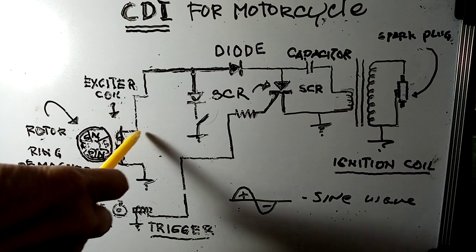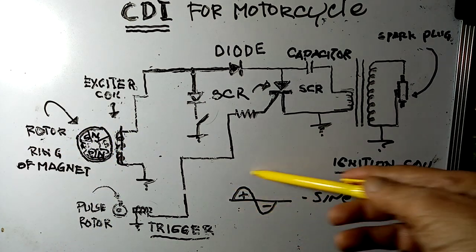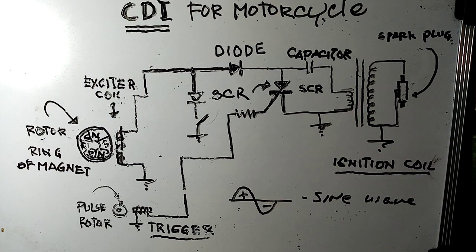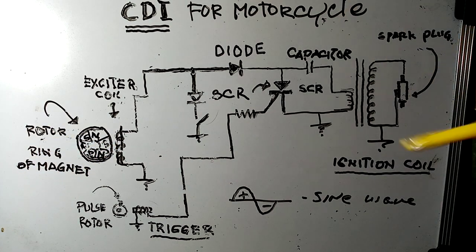Sometimes this is positive, sometimes this is negative. Like this one. This is the moving voltage here. This is a sine wave or sinusoidal wave.